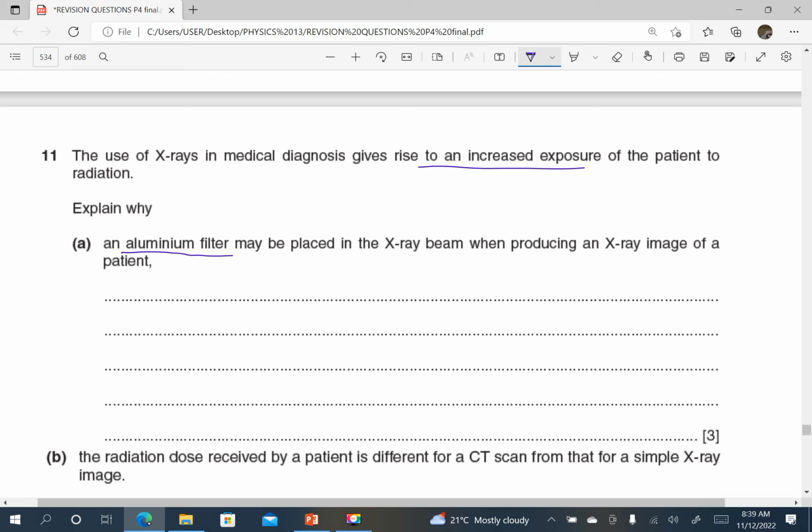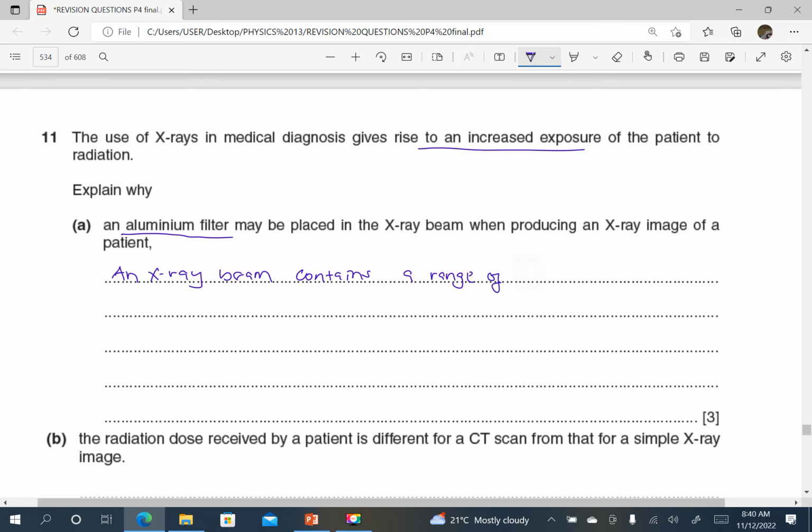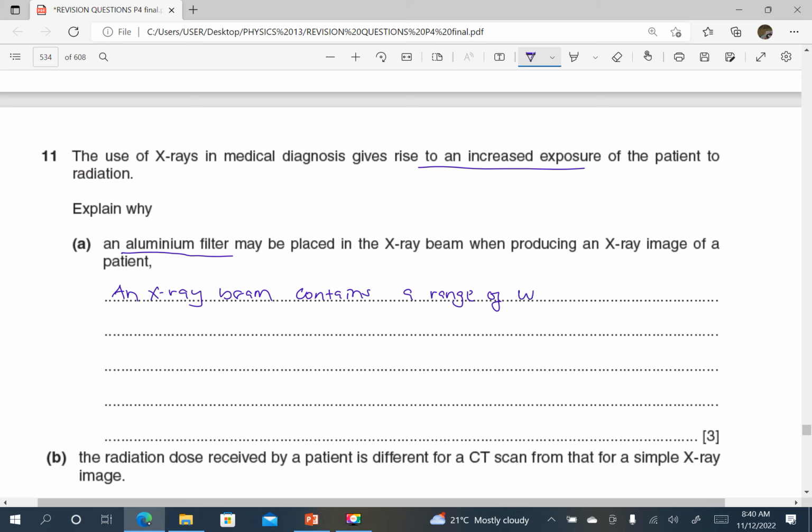So we can say an X-ray beam contains a range of wavelengths, as we saw in the spectrum.